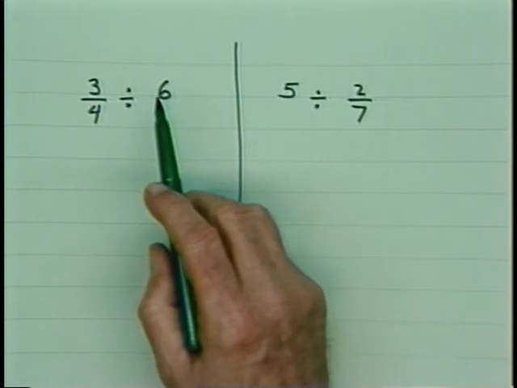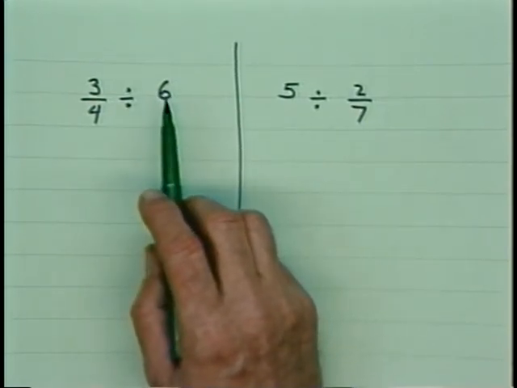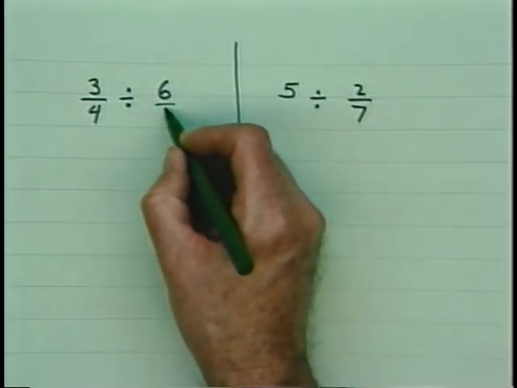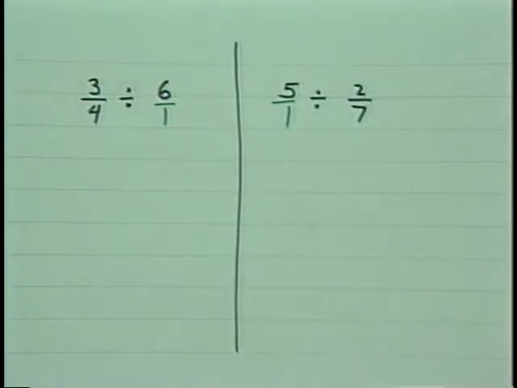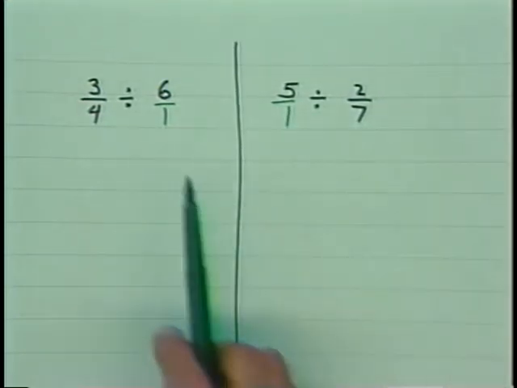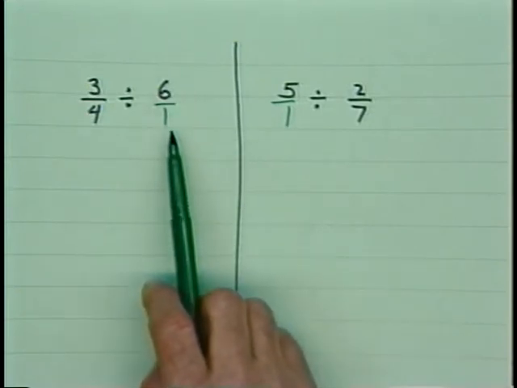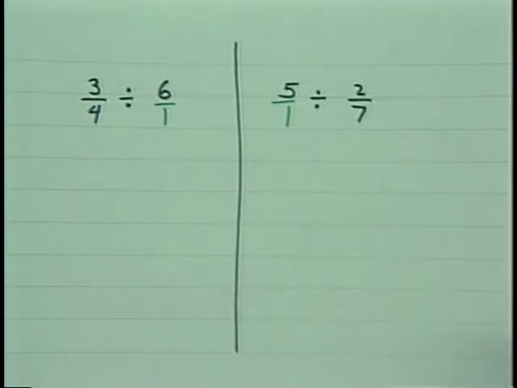It's just that if we have a whole number anywhere, anytime, in any problem, if we wish, it can be changed into fractional form by writing it over 1. And it's important to realize this did not change its value. 6/1 is still 6, and 5/1 is still 5.